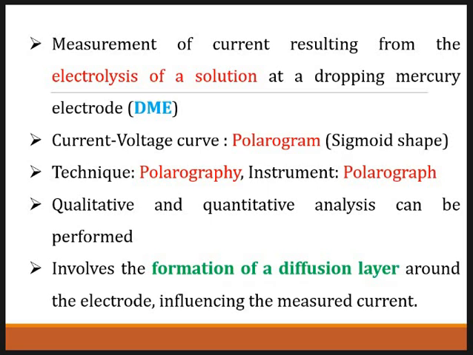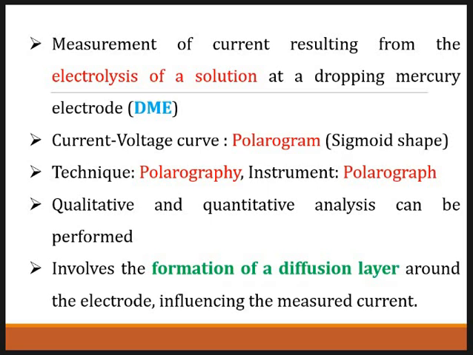The phenomenon in the principle of polarography involves the formation of a diffusion layer around the electrode. The diffusion layer is the formation of a Helmholtz electrical double layer which influences the measured current.